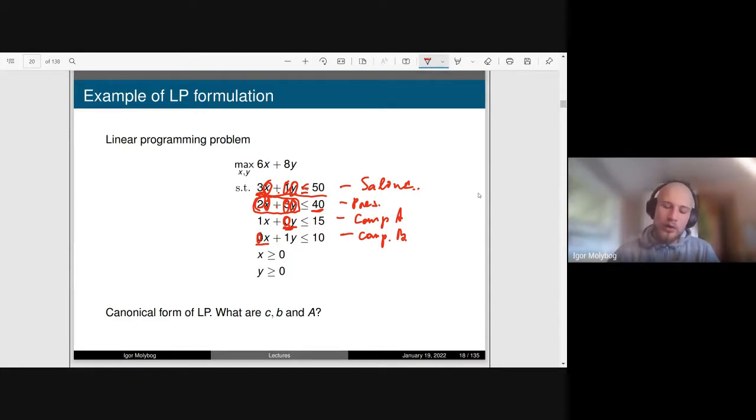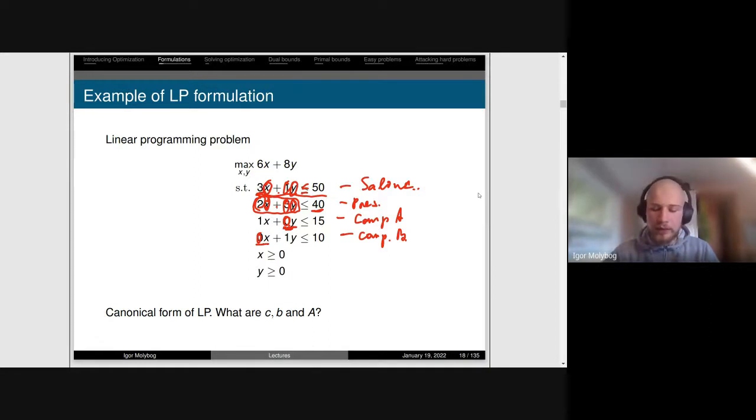And then we know in advance that there cannot possibly be a negative amount of vaccines A or B. So there are 2 non-negativity constraints here. This is the canonical form of LP.